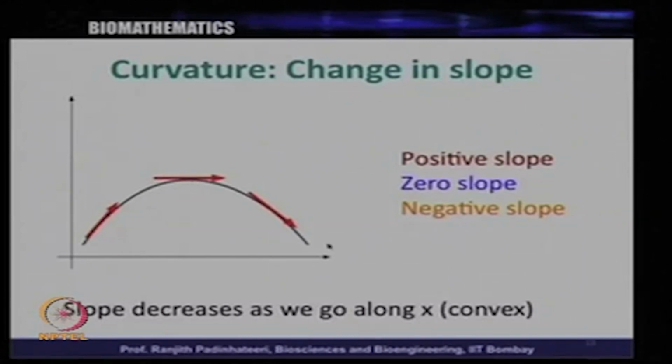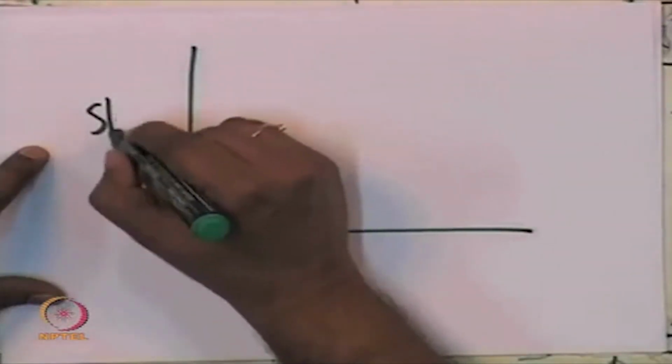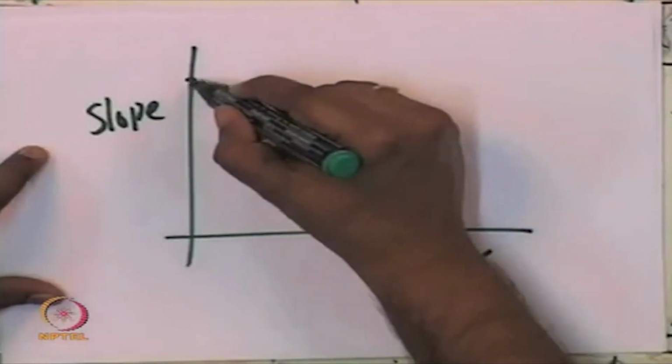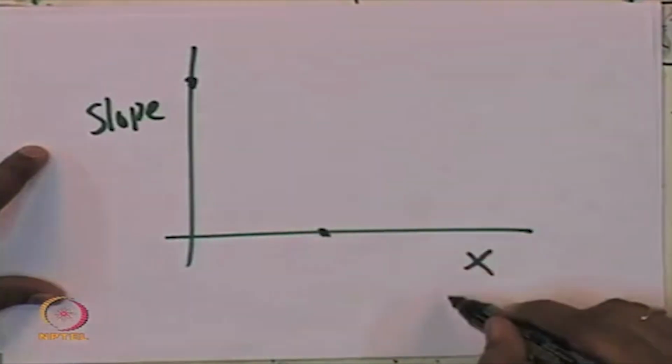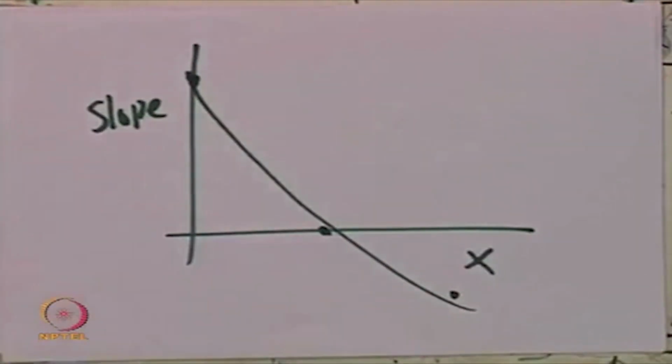If you just plot the slope against x, first it was some positive value, then it became 0, then it became negative. So, the slope was decreasing. This kind of curve where the slope is decreasing is called a convex shape.